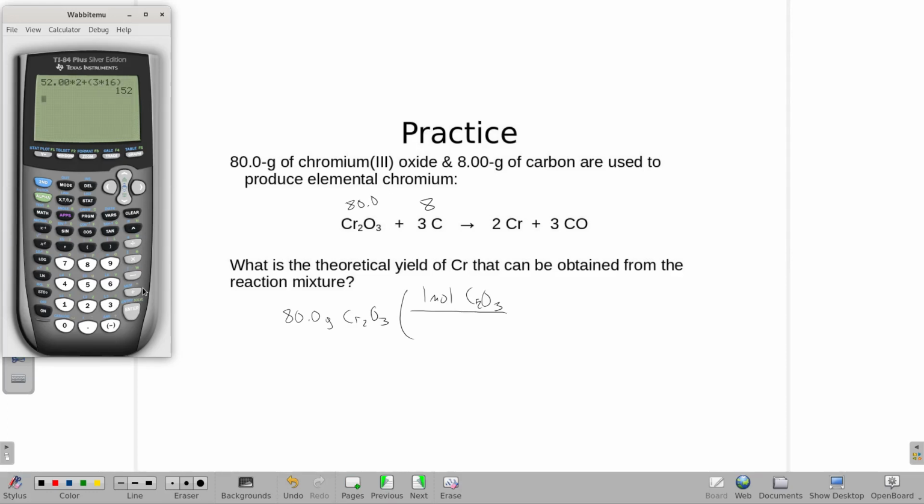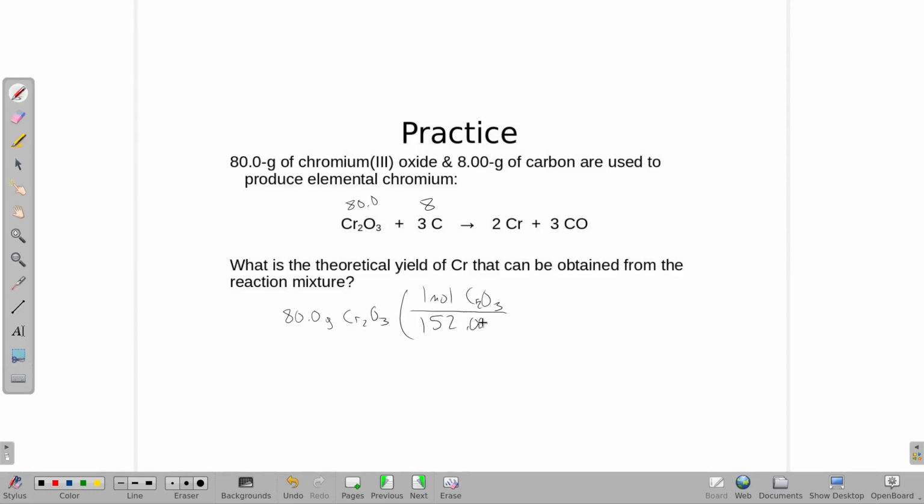And I get that this has a mass of 152.00. My balanced equation says for every chromium oxide, I need 3 carbons, and 1 mole of carbon weighs 12.01 grams.